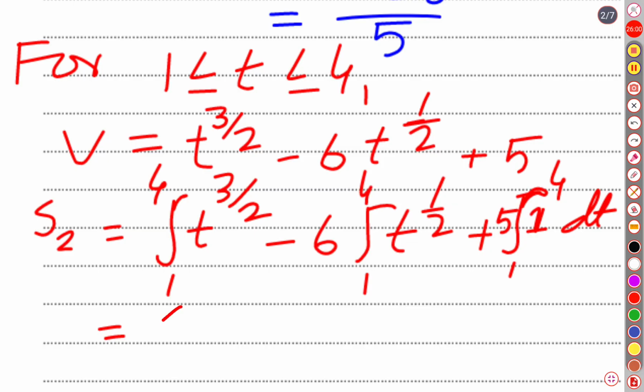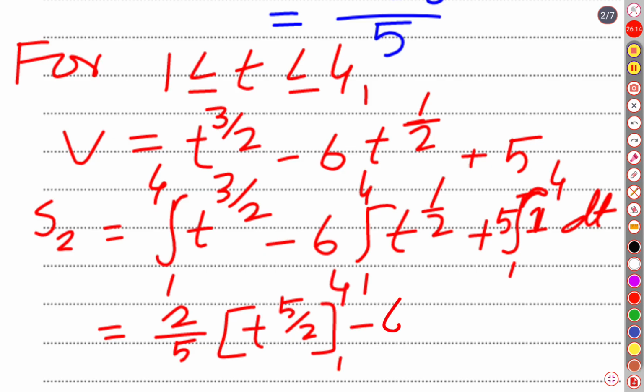So if we write here, it is going to be 2 over 5. Then the value of t is going to be t to the 5 over 2, and the limit is from 1 second until 4 seconds. Then 6, and the exponent is going to be, look at this, it was half plus 1, 3 over 2.